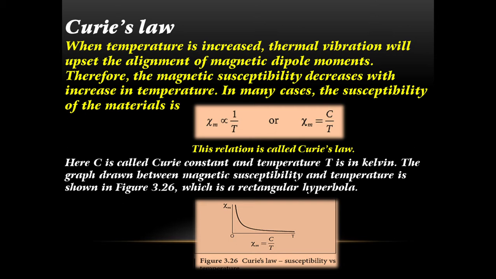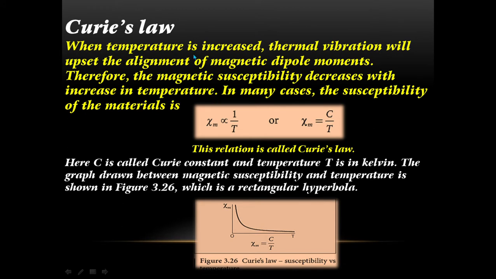Once again, the law statement. Curie's law states that when temperature is increased, thermal vibration will upset the alignment of magnetic dipole moments. Therefore, the magnetic susceptibility decreases with increase in temperature.